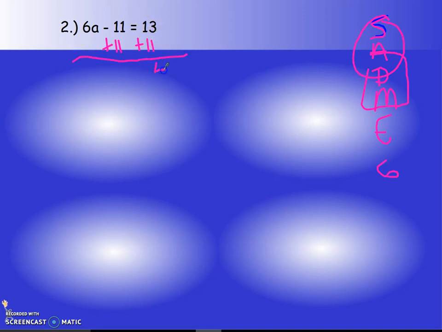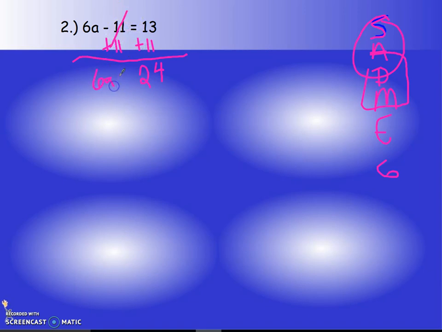Okay, let's go to number 2. We have 6a minus 11 equals 13. So we want to do SAD MEG. We're going to look for any addition and subtraction first and multiplication and division second. I see a minus 11. So the opposite of minus 11 is plus 11. 13 plus 11 is going to get me 24.